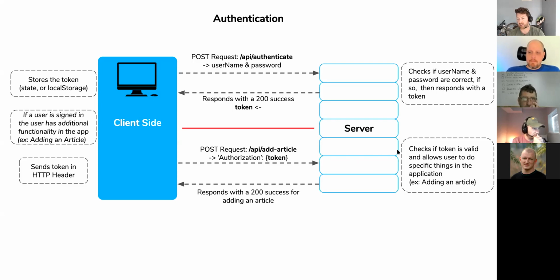When we send that post request, the server parses through, it looks in the header, and it's like, oh, here's the authorization, here's that token value. Let's check to see if that token is still valid. Hey, this is an actual user because it has a valid token. And so we are allowed to post to the database. And then we respond with a success for adding an article.